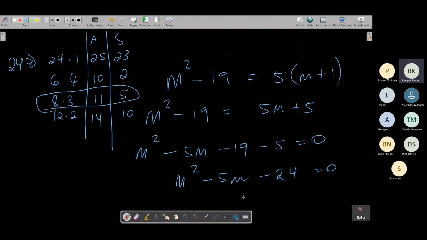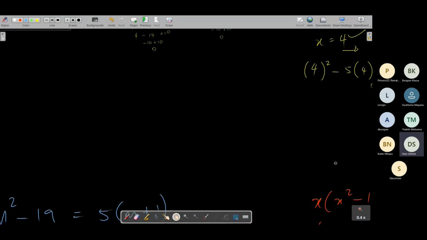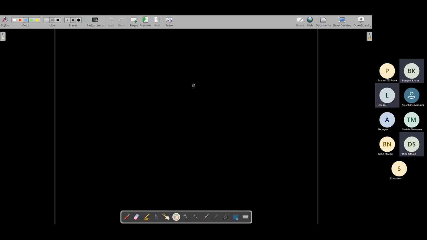All right. Number 4, did we get it? Yes, sir. What did we get? Number 4? P is equal to -9, and P is equal to 2. All right, let me just write it down here.